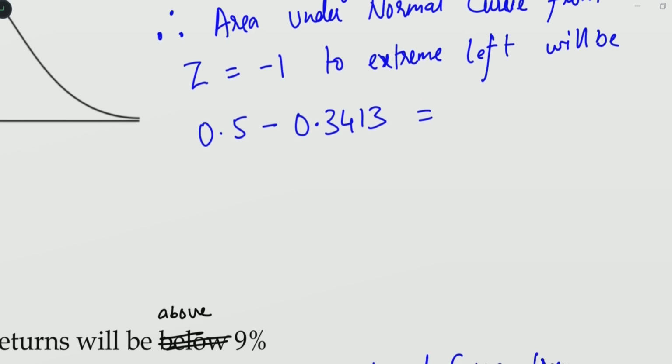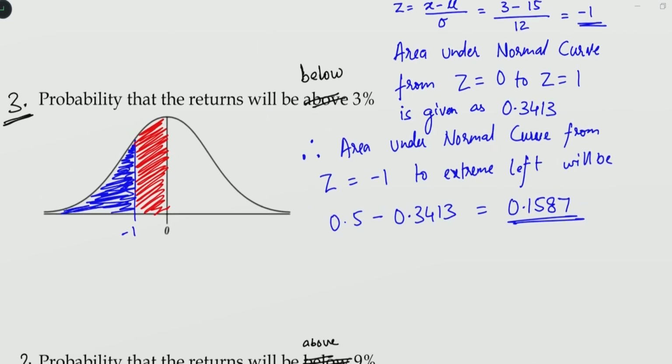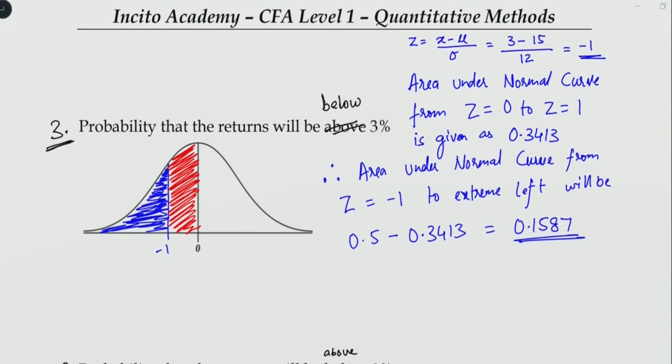Let us subtract and find the area. That is 0.5 minus 0.3413. The area that you get is 0.1587. So you know what we did? Red plus blue taken together is 0.5. Red alone is 0.3413. So blue alone will be 0.1587.